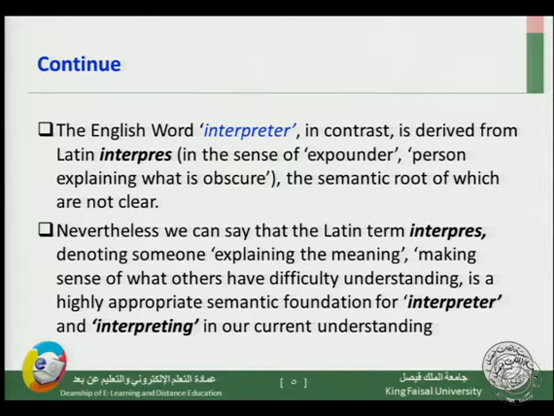So the interpreter takes a text or an utterance and says, okay, I'm going to explain this to you in Arabic, or I'm explaining to English people the meaning of what this Arab person has said. So now I hope that you have some idea about the origin of the concept of interpreting.